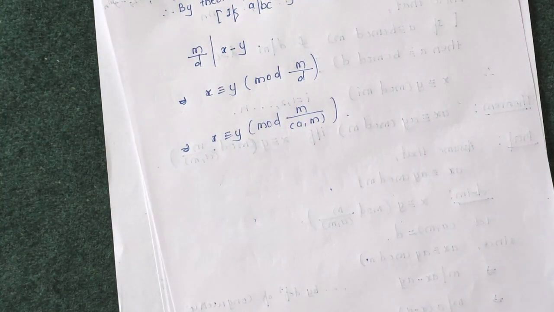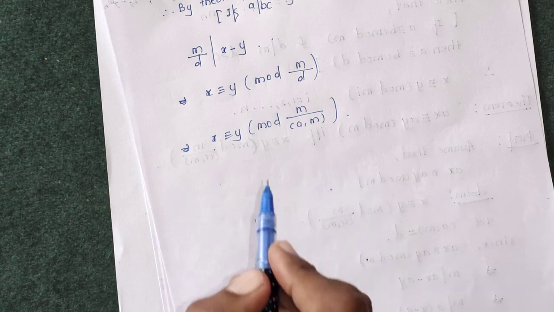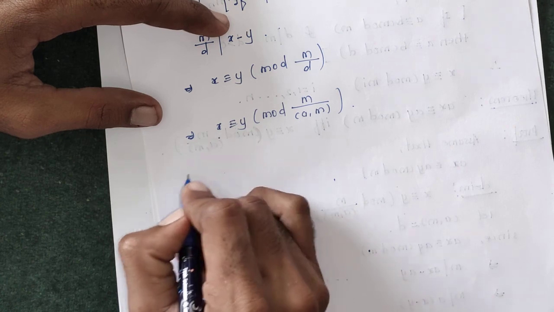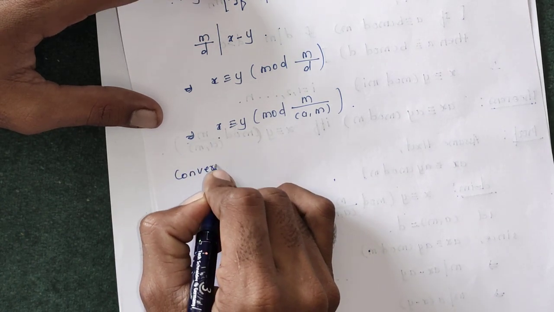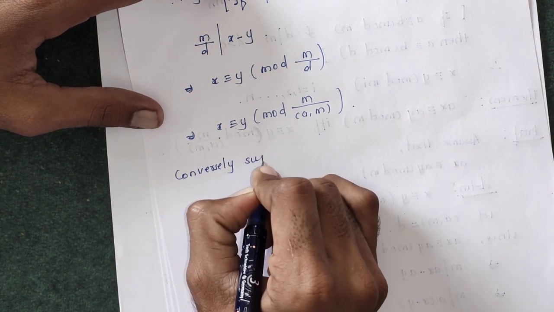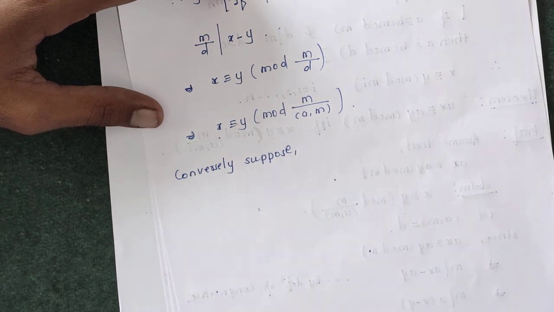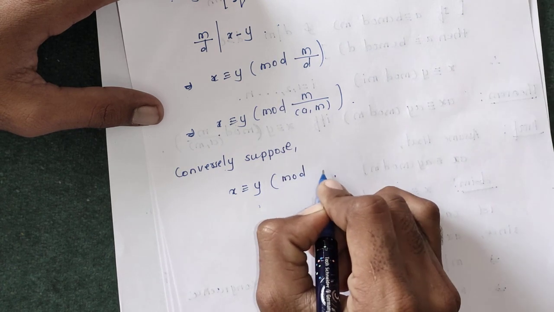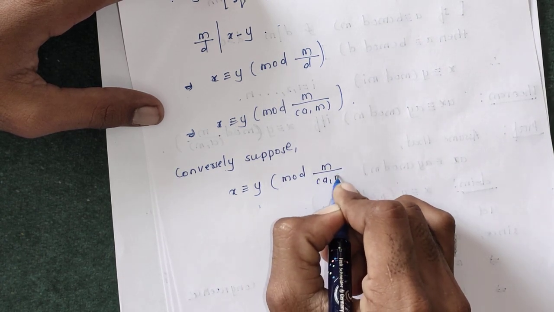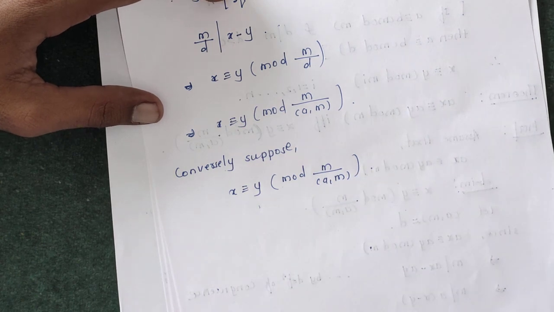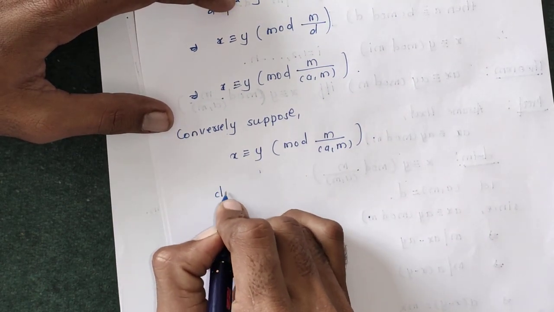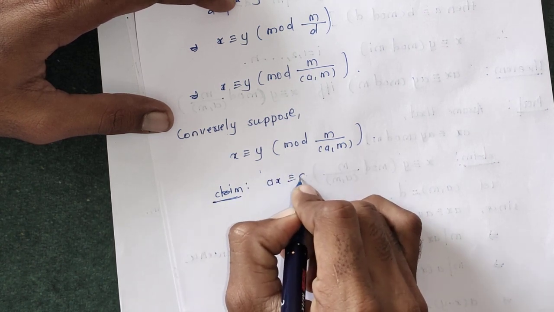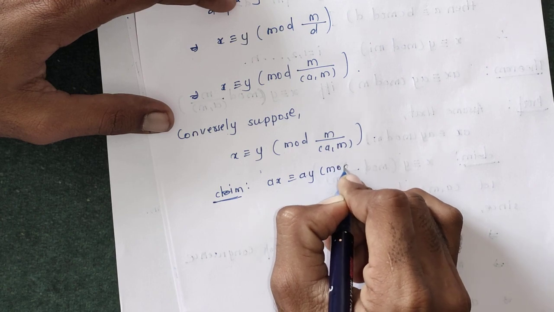Now to prove the second part, we are going to prove that ax is congruent to ay modulo m. Now conversely, suppose x is congruent to y modulo m upon GCD of a and m, and our claim in this case is ax is congruent to ay mod m.